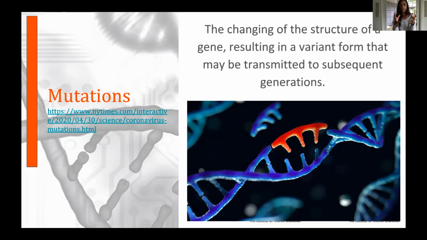Sometimes it's covered in a protein packaging, sometimes a lipid packaging, but the most important part of the construction of that virus is its nucleic acid. In the case of COVID-19, it's an RNA virus. That virus can't replicate on its own. It goes into a cell, hijacks the cell's machinery, and makes more copies of its nucleic acids, in this case RNA. But because it does so rapidly, the process is error prone.